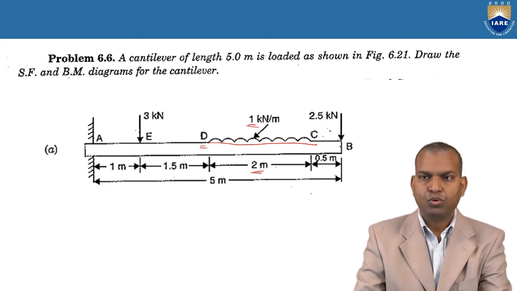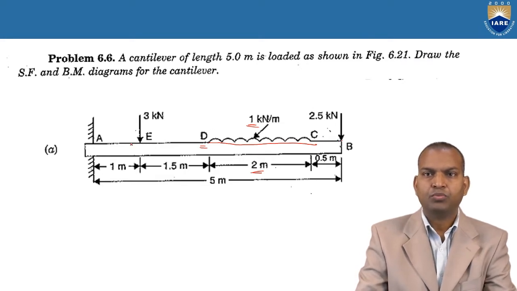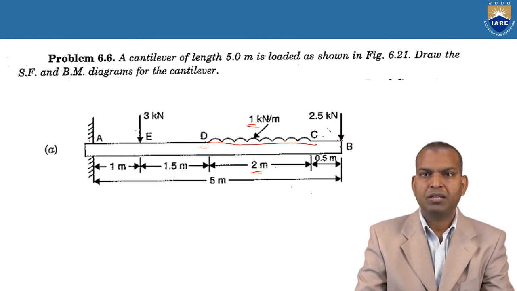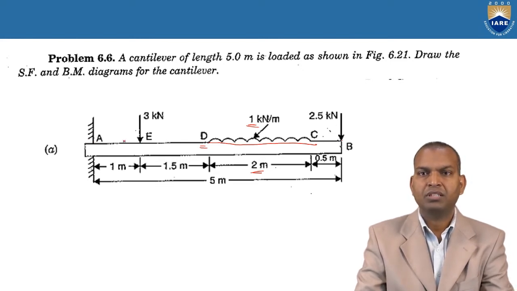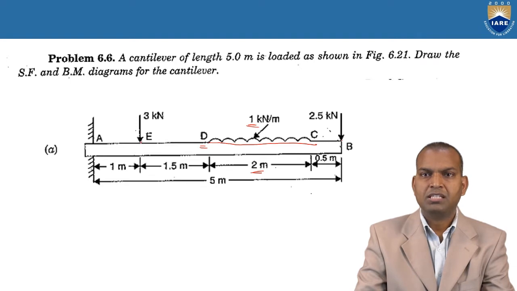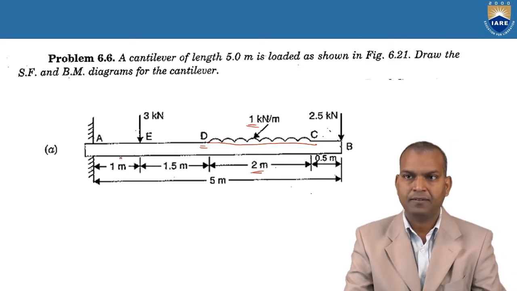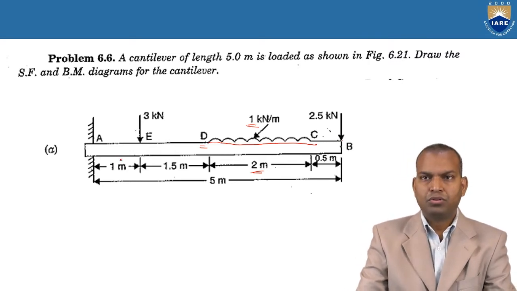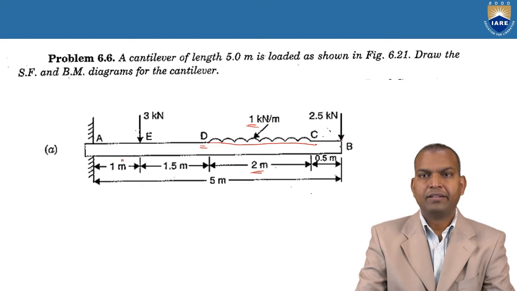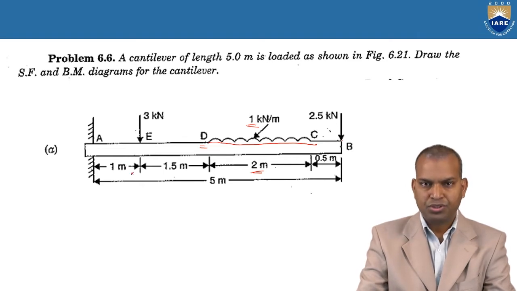But there are two point loads acting. One point load is at the extreme free end, point B, and another point load is at point E, not in the middle of A and D. It is 3 kilonewtons, near the fixed end, at a distance of 1 meter from the fixed end. The total span of this beam is 5 meters.